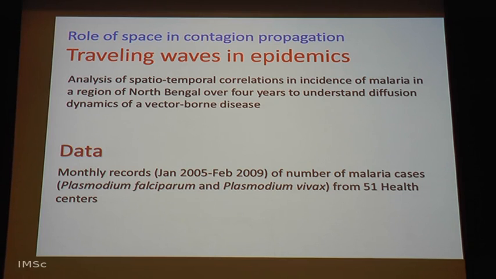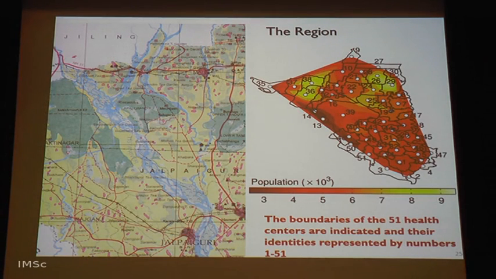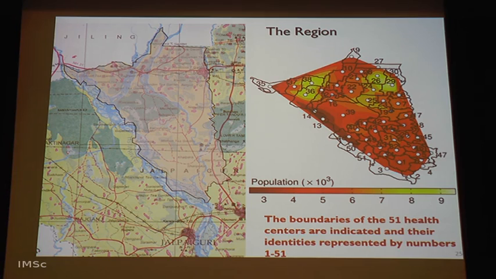This is monthly data, from January 2005 to February 2009, of the number of malaria cases, Plasmodium falciparum and Plasmodium vivax, from 51 health centers. This is the local place, and this is the block in northern West Bengal.